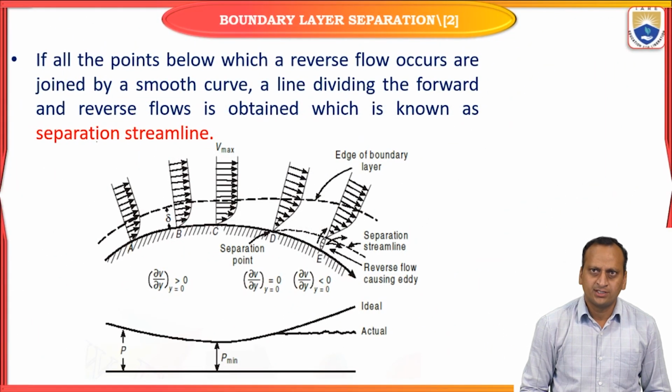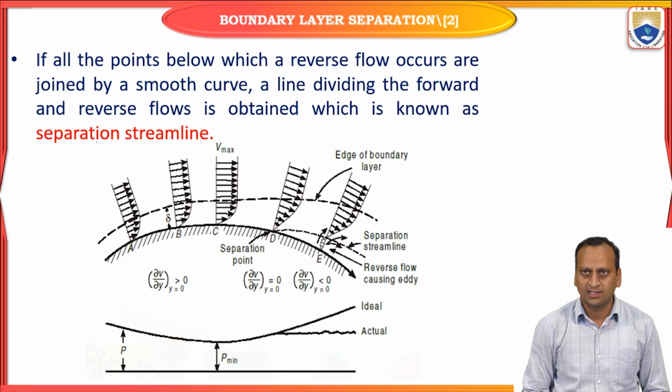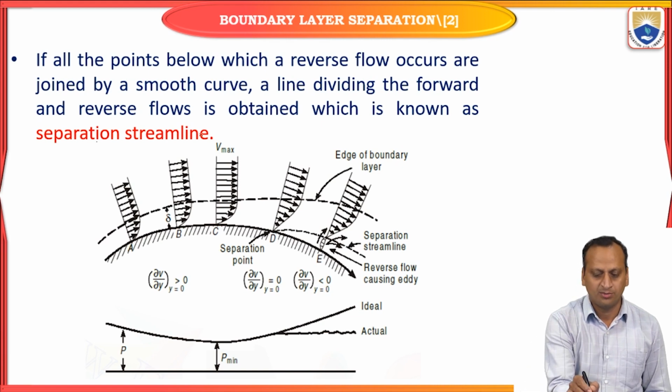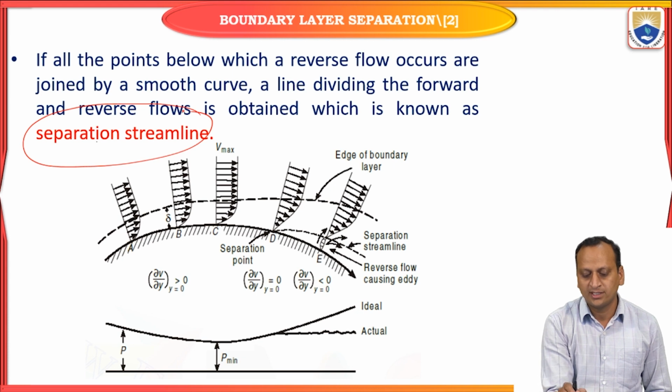If all the points below which a reverse flow occurs are joined by a smooth curve, a line dividing the forward and reverse flows is obtained, which is known as the separation streamline. If you draw the streamlines below which reverse flow is taking place and connect all those points, we will get the separation streamline.